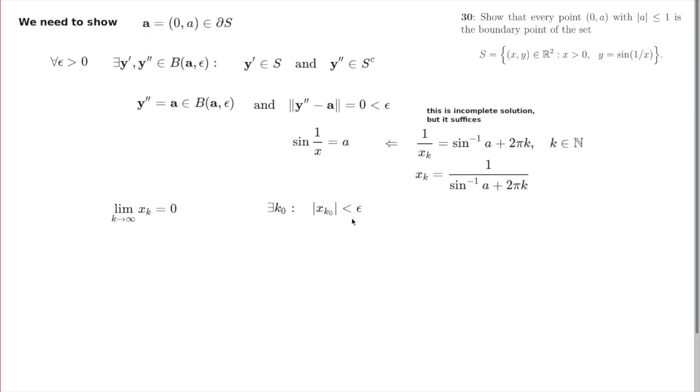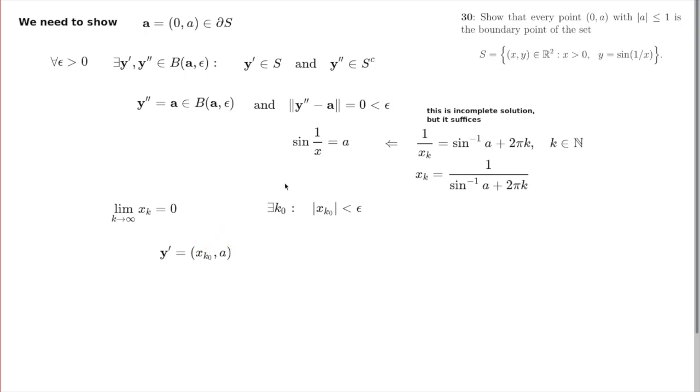In fact, this will be true for any index past this k0, but we only need one. That's why I just mentioned one index. And now I can present my choice for y'. This is my choice: x_k0 as the first component, a as the second component.